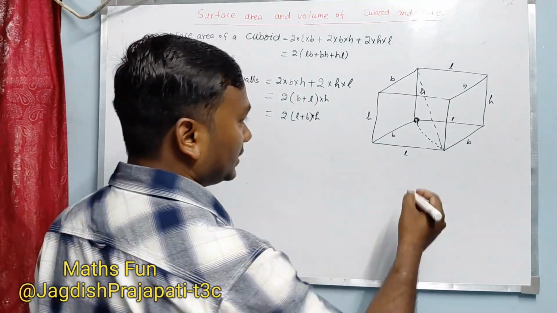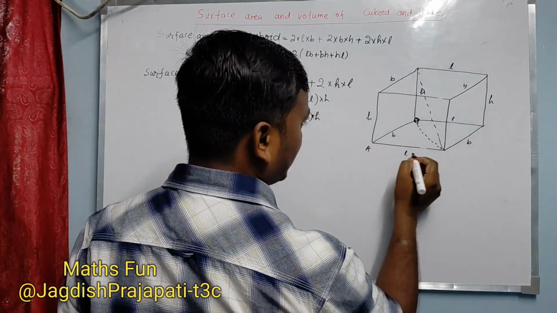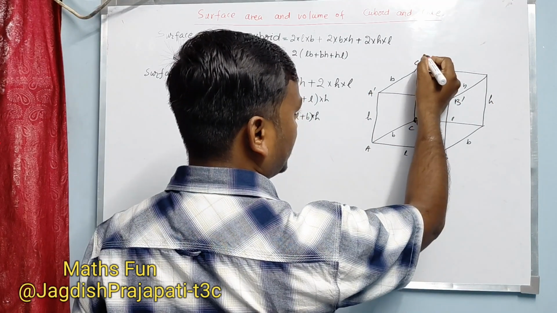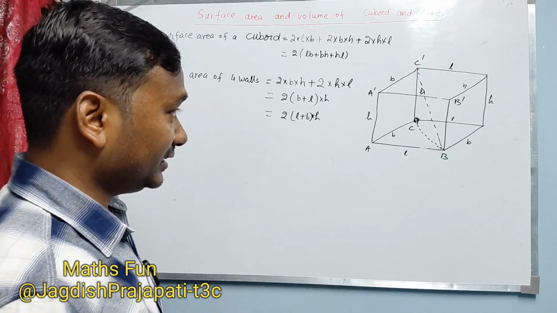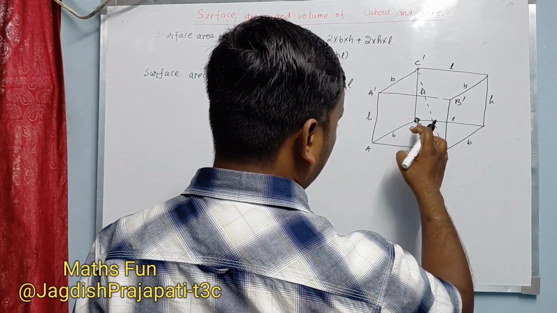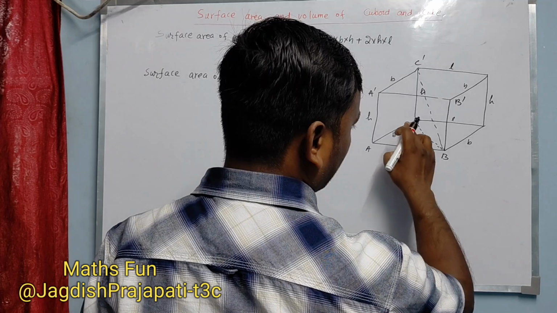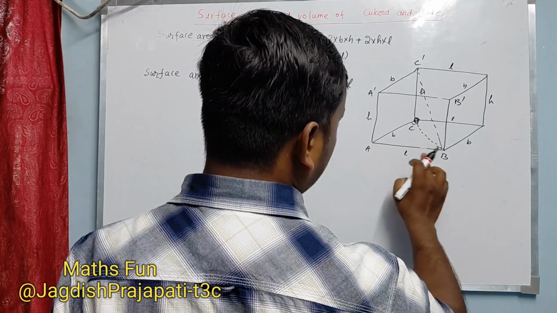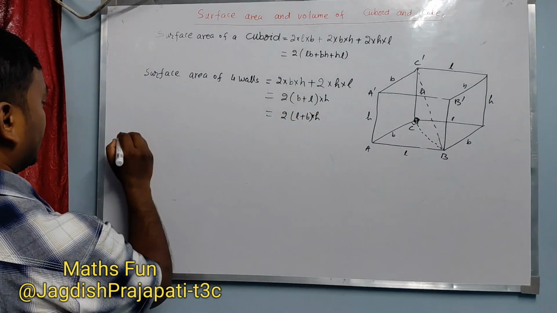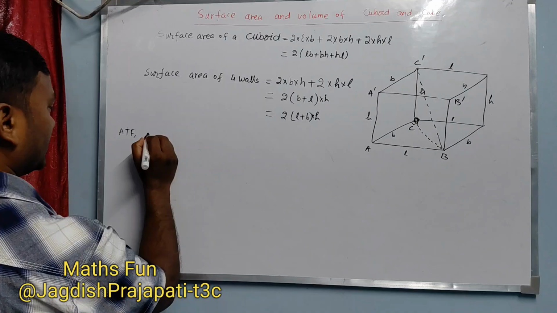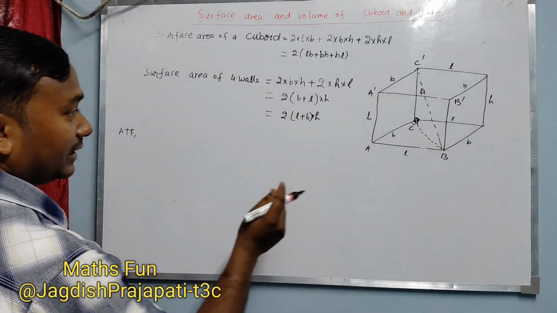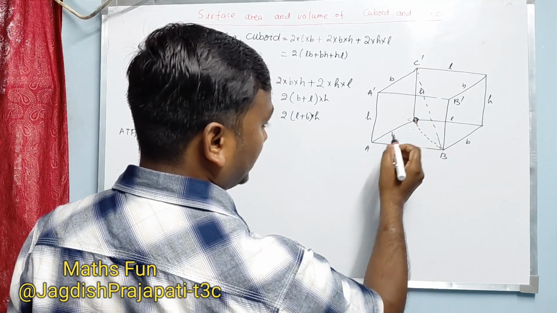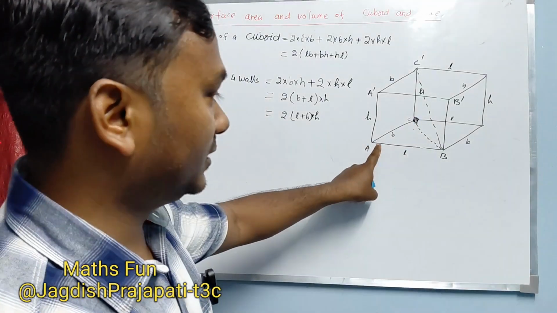Okay, so let's say this is A, this is B, this is A dash, this is B dash, this is C, and this is C dash. So this also will be 90-degree. So in triangle ABC, according to the figure, no, this is not 90-degree, this will be 90-degree.